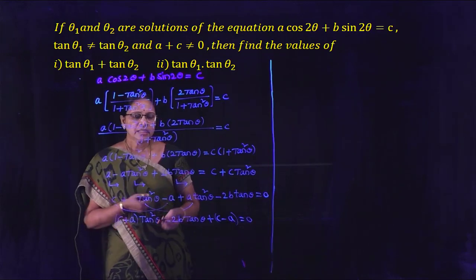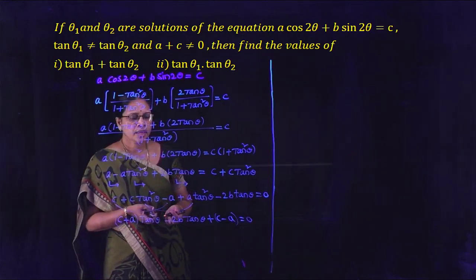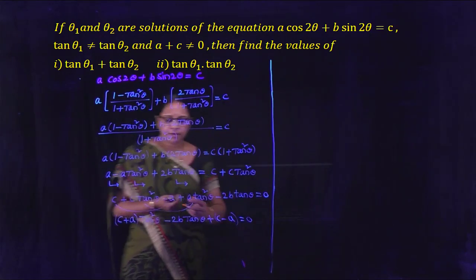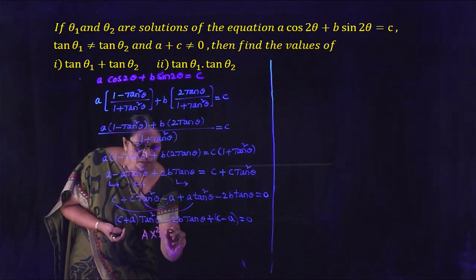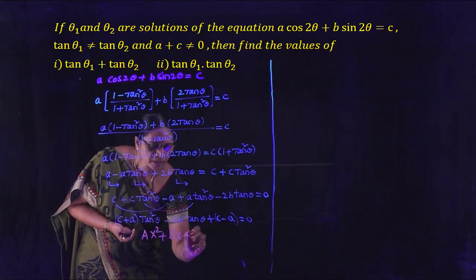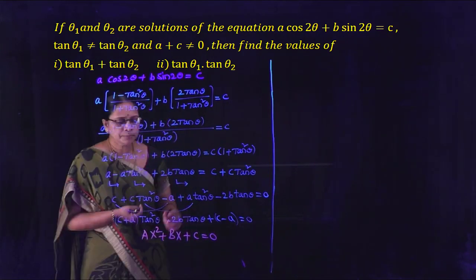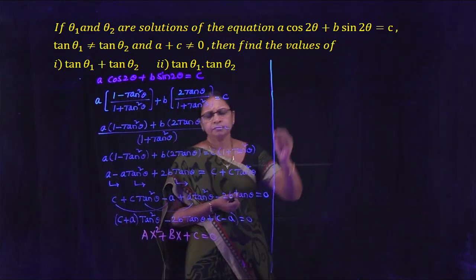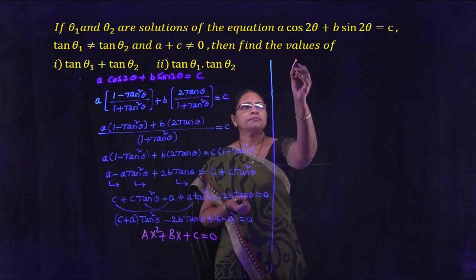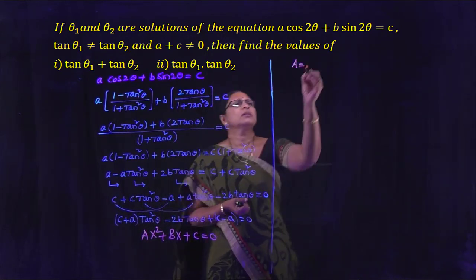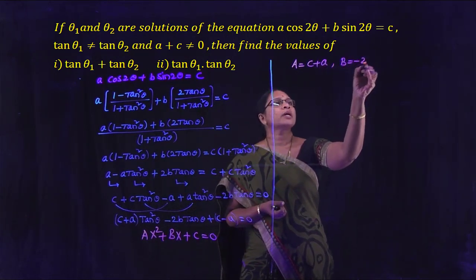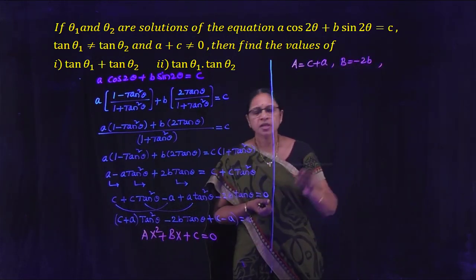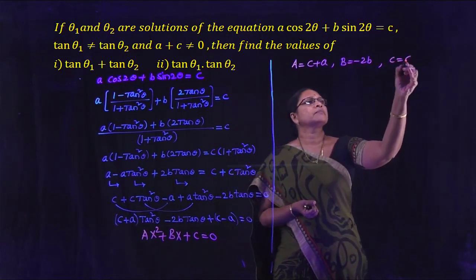Here it is a quadratic equation in tan theta. Comparing with ax square plus bx plus c is equal to 0, we get a is equal to c plus a, b is equal to minus 2b, c is equal to c minus a.